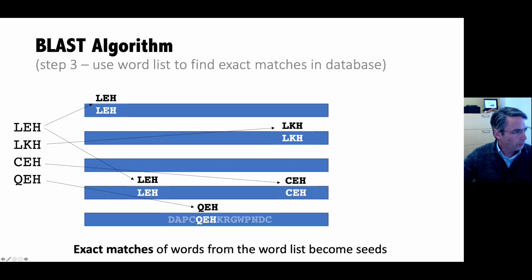I'm using words that are small enough here and a query sequence that's small enough to fit on the screen. In reality, you might be using something like 11 base pair words. But here, the idea is that we find some sequences in the database that have exact matches to our word list.